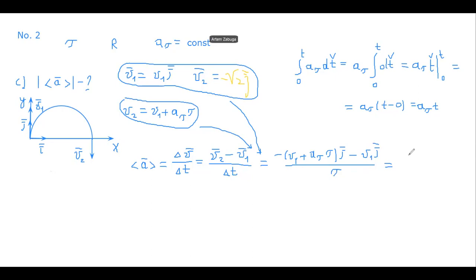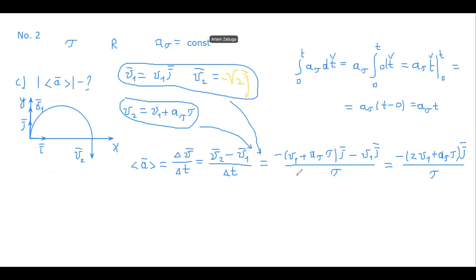It will result in minus 2v1 plus a tau tau. So it was simplified. Okay, do you have any questions about this? No questions.